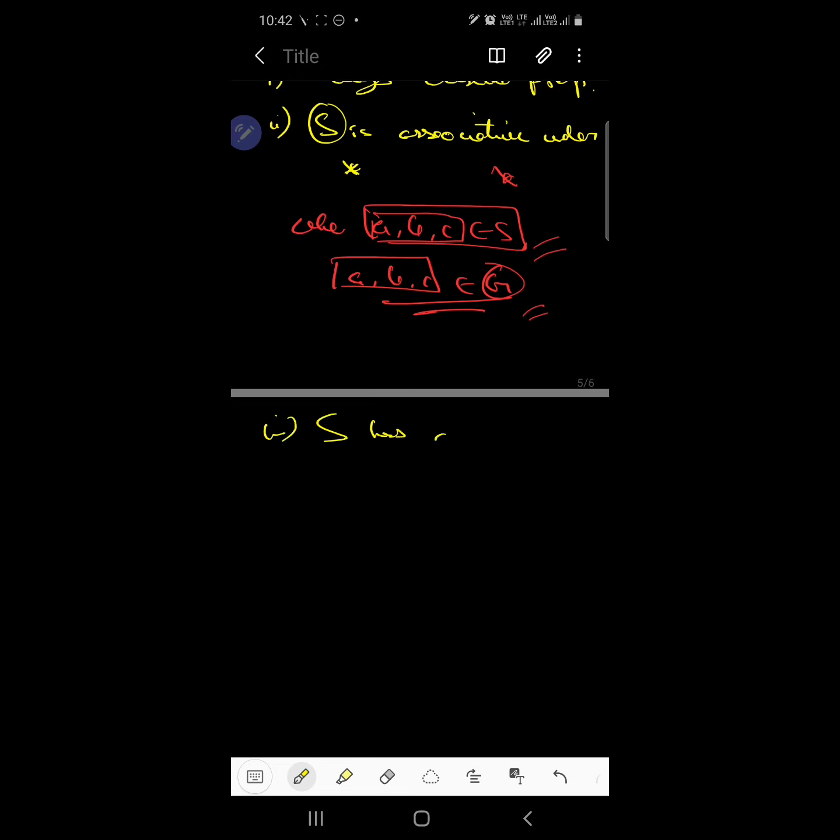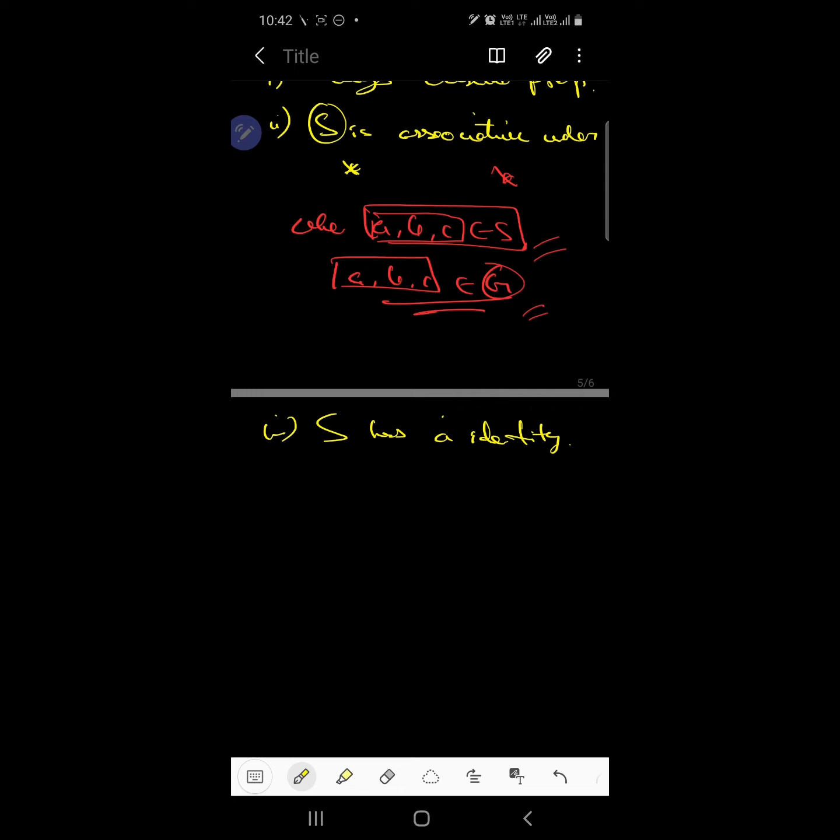And what is the next point? S has an identity. The reason being that G, being a group under star, has a unique identity element, and we have previously proved that when G has a unique identity element, the same identity element also belongs to the subgroup of G, or the subset of G if it is forming a subgroup, right?